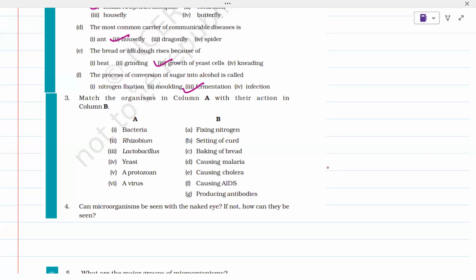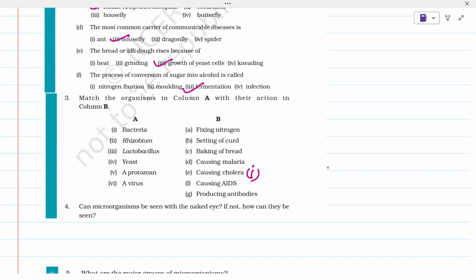Bacteria will not help in fixing nitrogen. And yes, it is helping in setting of curd, but let's see other options as well. Baking of bread, causing malaria, causing cholera, causing AIDS, and producing antibiotics. So the most appropriate answer is causing cholera, right?